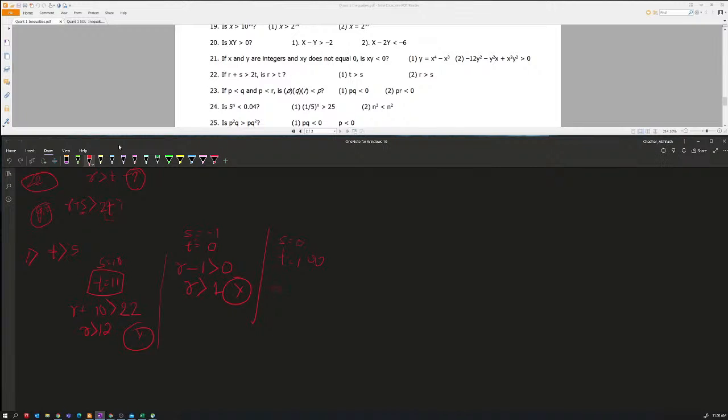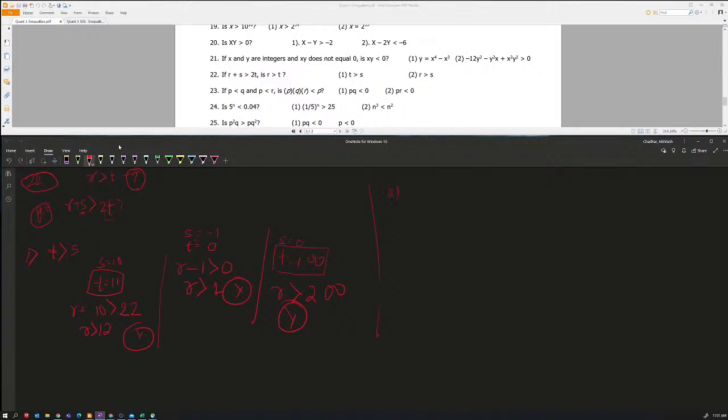So r plus 0 is greater than 200, so r is greater than 200. Actually t is 100, so this is a yes answer. Every time we are getting only yes answers, so condition 1 is definitely getting us the answer.